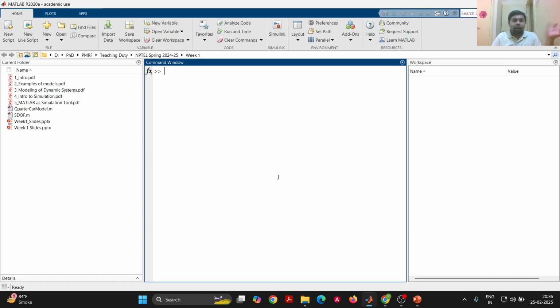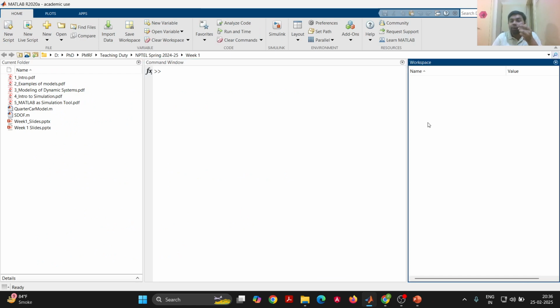This is the command window which you have, and here you will have the workspace. The workspace shows which variables are involved in a program you run, and what their values are. It shows the name and value of those, and also the data type, whether it's an integer value or a string value.